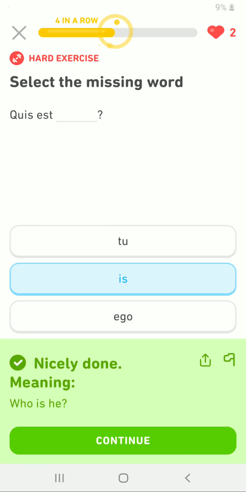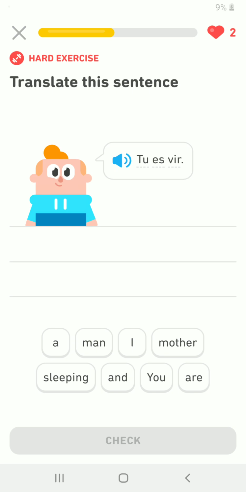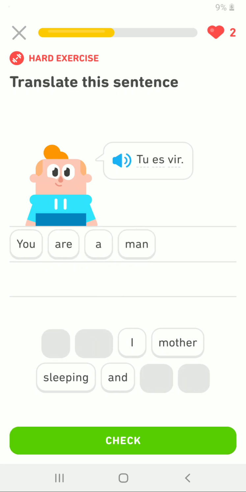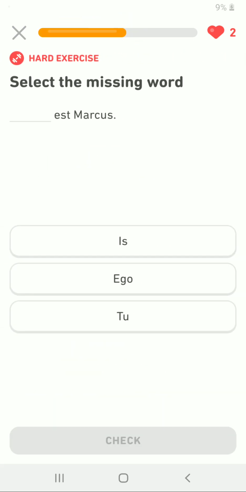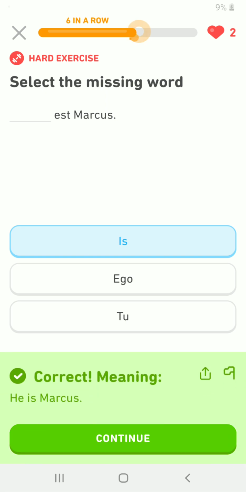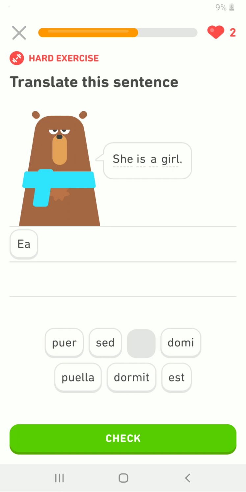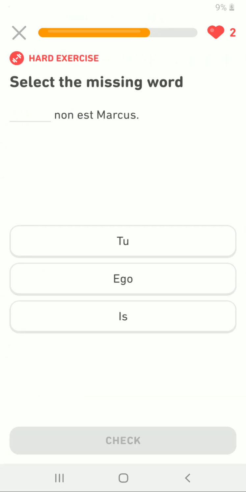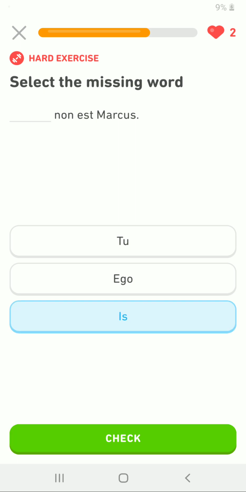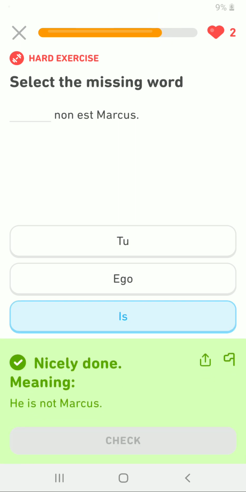Quis est? Tu es vir. You are a man, and so is est Marcos. He is Marcos. She is Ea. Ea est puella. Puer. And is non est Marcos.